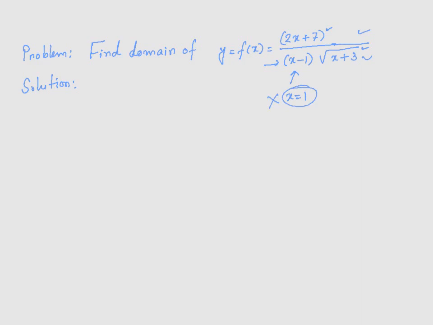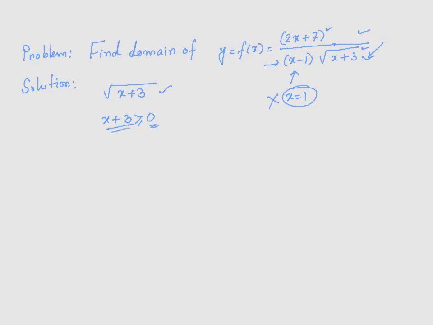Another thing is, look at the square root factor in the denominator, x plus 3. Remember, in the square root, you cannot have negative numbers under the square root, meaning x plus 3 has to be greater than or equal to 0. However, the interesting point here is that this x plus 3 under the square root appears in the denominator. So you cannot have this also be equal to 0.